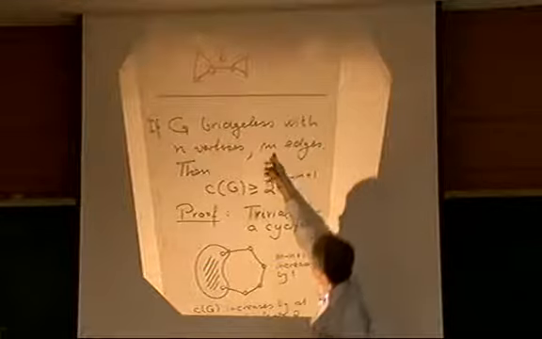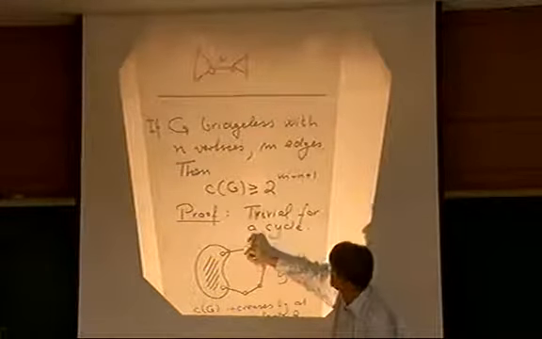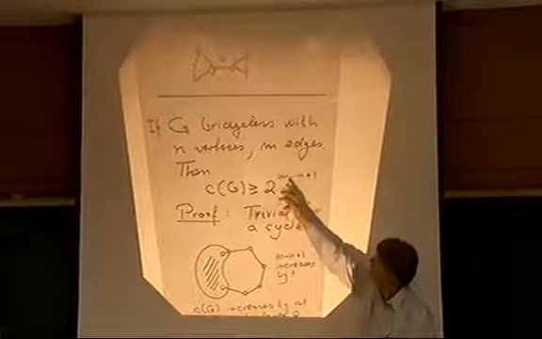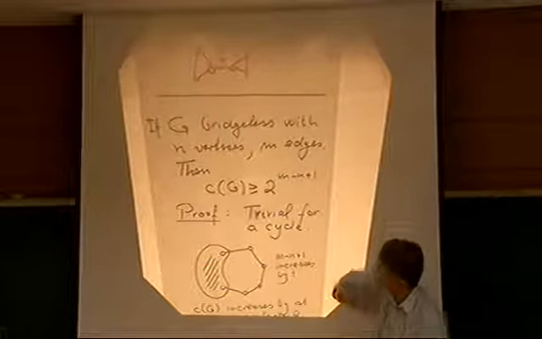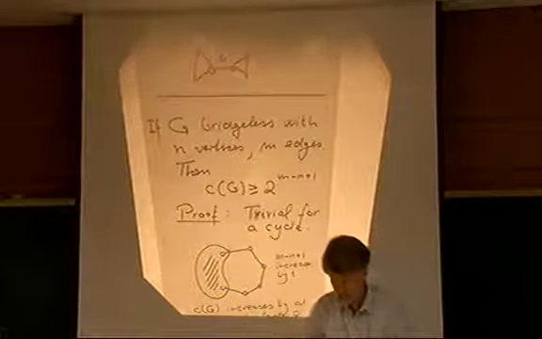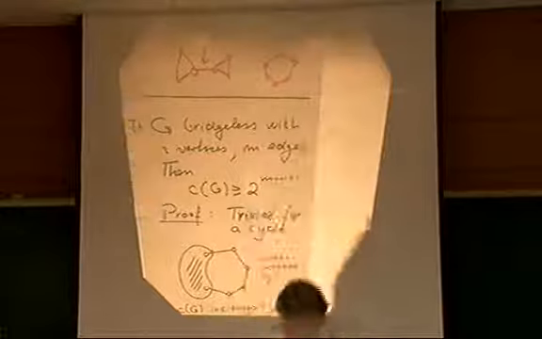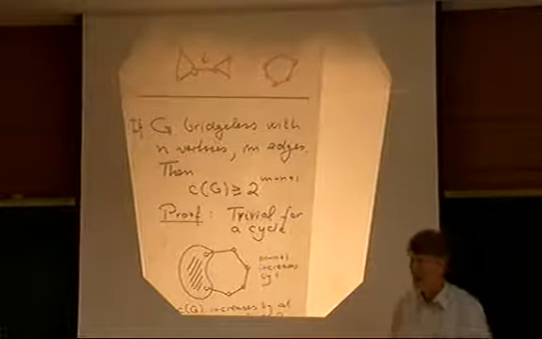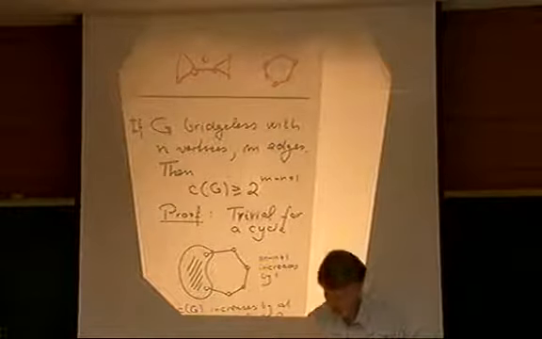Let's assume that it has m edges and n vertices. Now the number of totally cyclic orientations is at least 2 to the number of edges minus the number of vertices plus 1. And this is trivial. Because let's first look at a cycle. How many totally cyclic orientations does a cycle have? Well, there are two ways. I mean, every edge should be in a directed cycle.